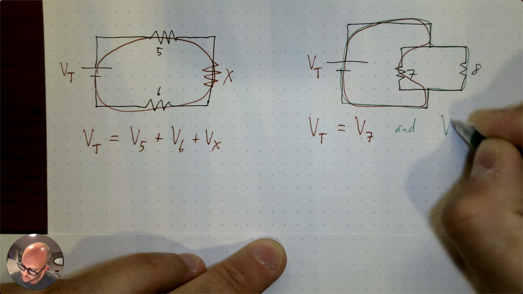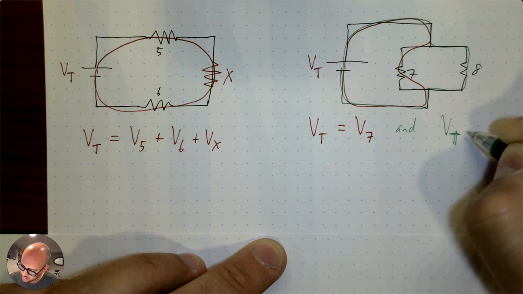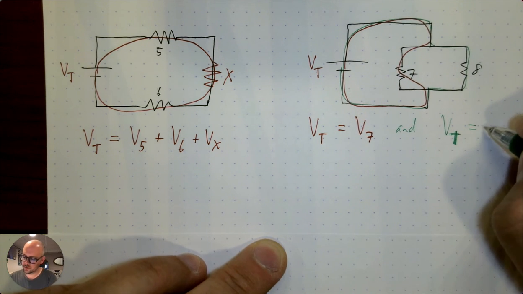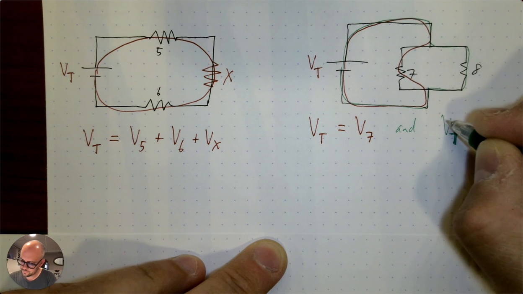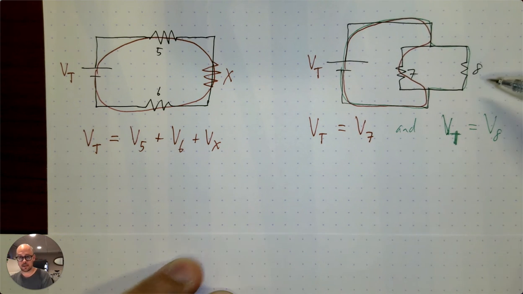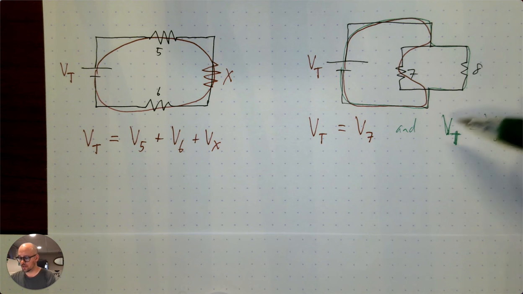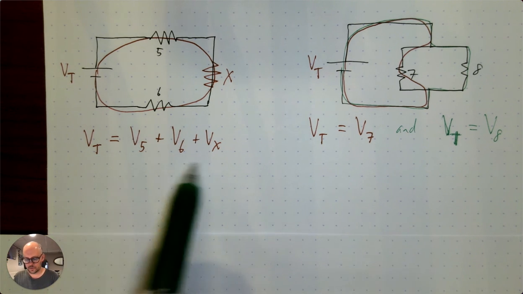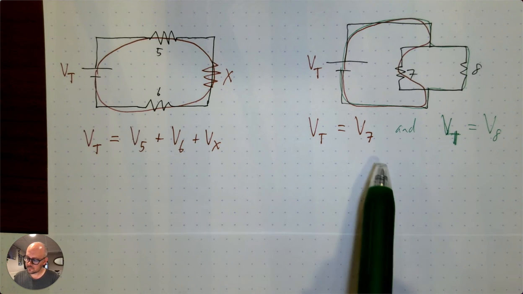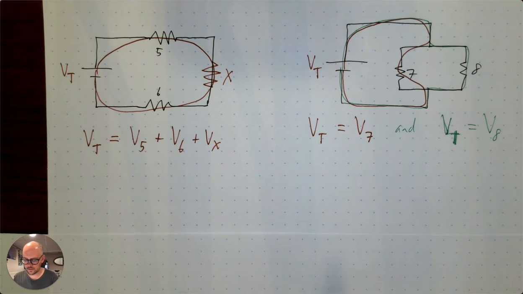I can say the total voltage is also equal to the voltage across 8. Because 8 is on its own loop, all the energy that's given by the battery has to be used by R8. And so in the loop rule, I get that the voltages in a series circuit add, whereas each thing in a parallel circuit has the same voltage as the total.